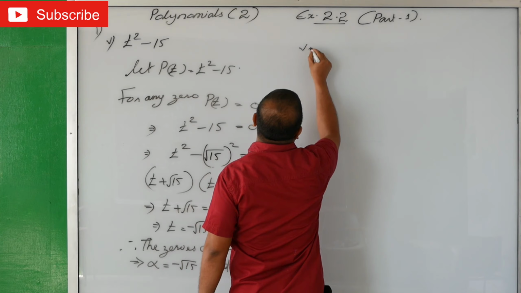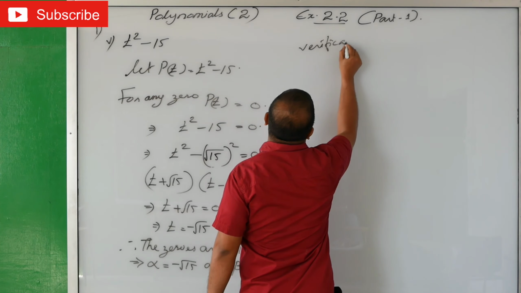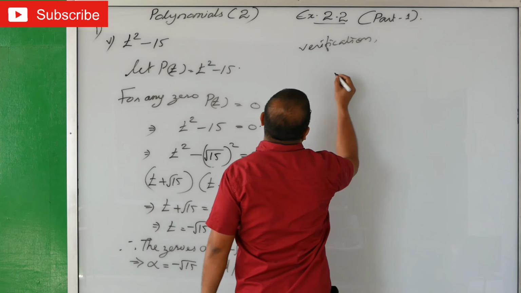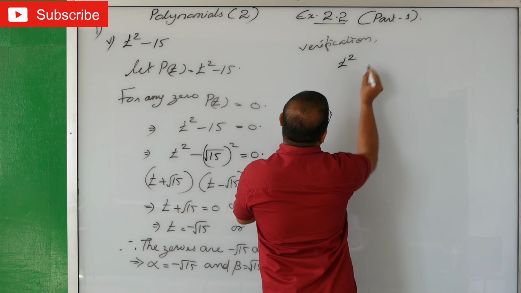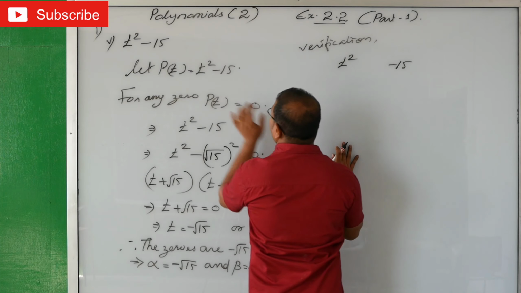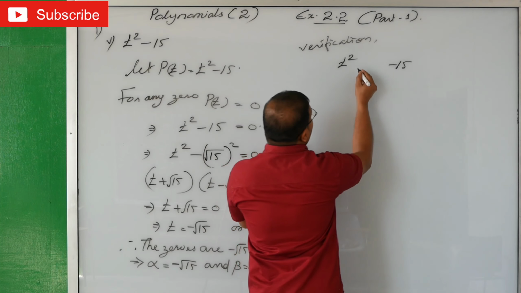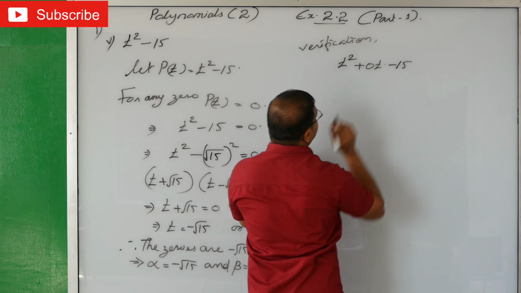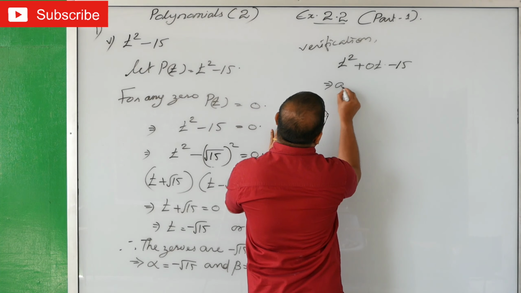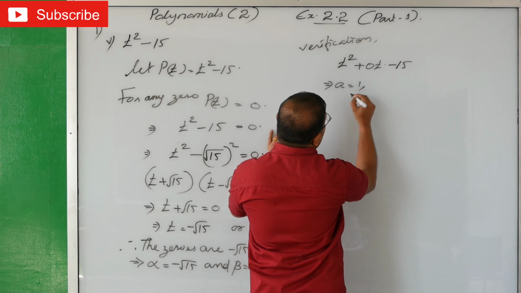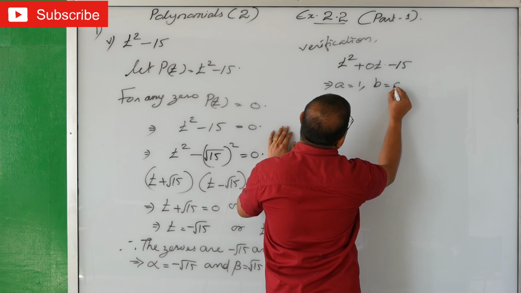Now we'll go for verification. That is, see, t square minus 15, how will you write? T square minus 15. But the term t is not there, that means we'll write plus 0t minus 15. Now, this implies the value of a, which is next to t square, is 1. The value of b, which is next to t, is 0.